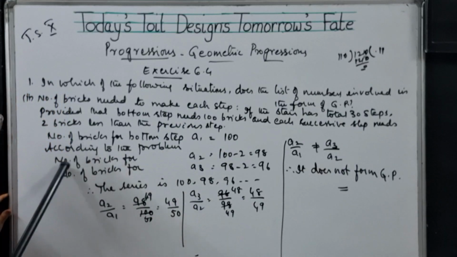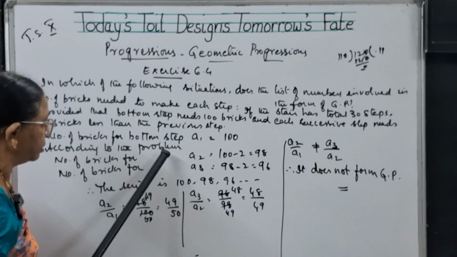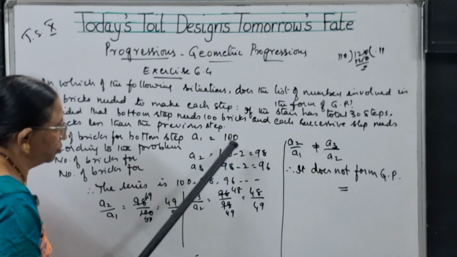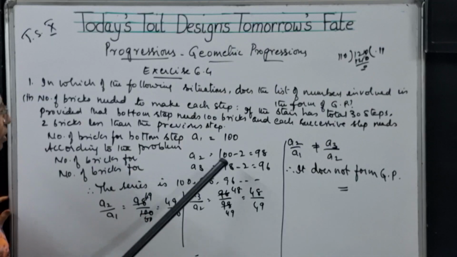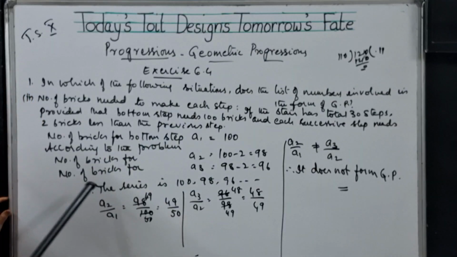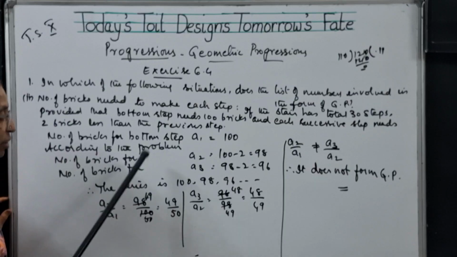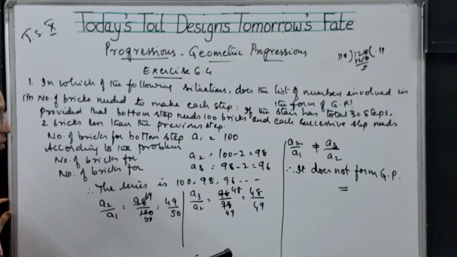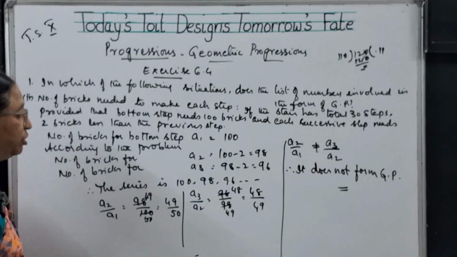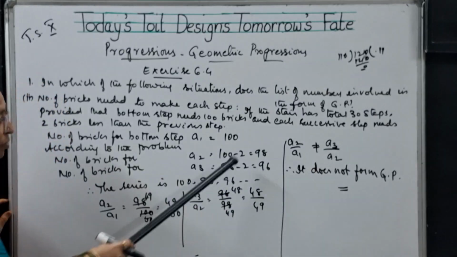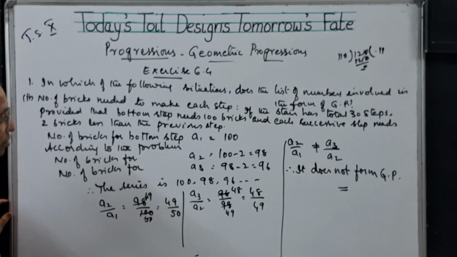According to the problem, the number of bricks for A2, the step above the bottom, is 100 minus 2, that is 98, as they said 2 bricks less. For A3, the next step, from 98 you have to take out 2. So it goes on like that for 30 steps.